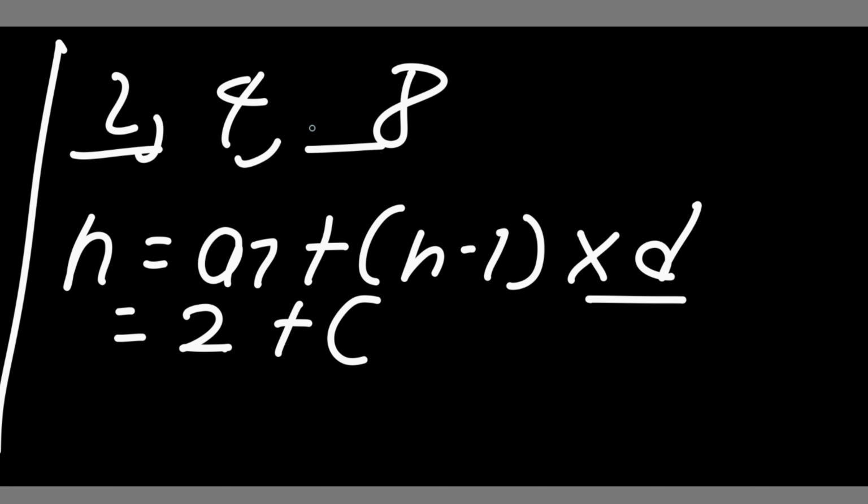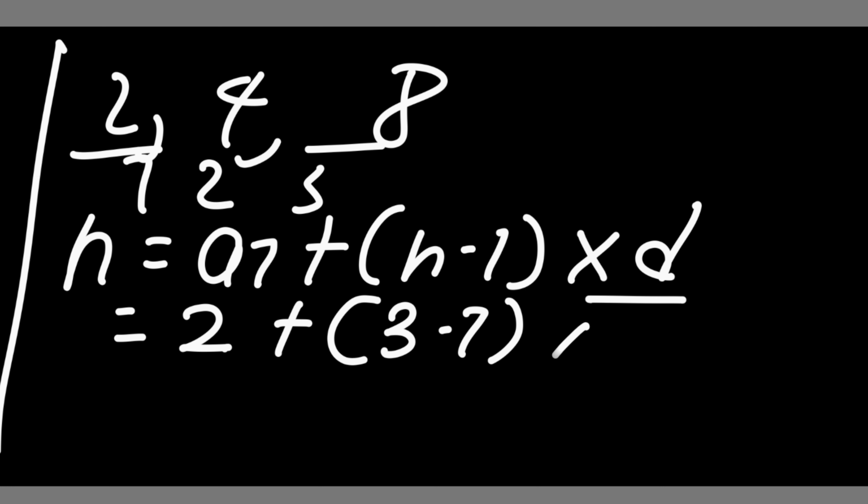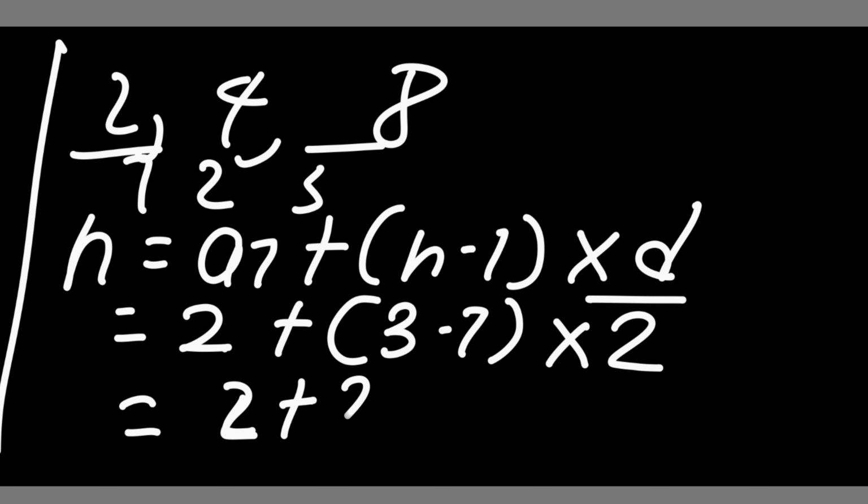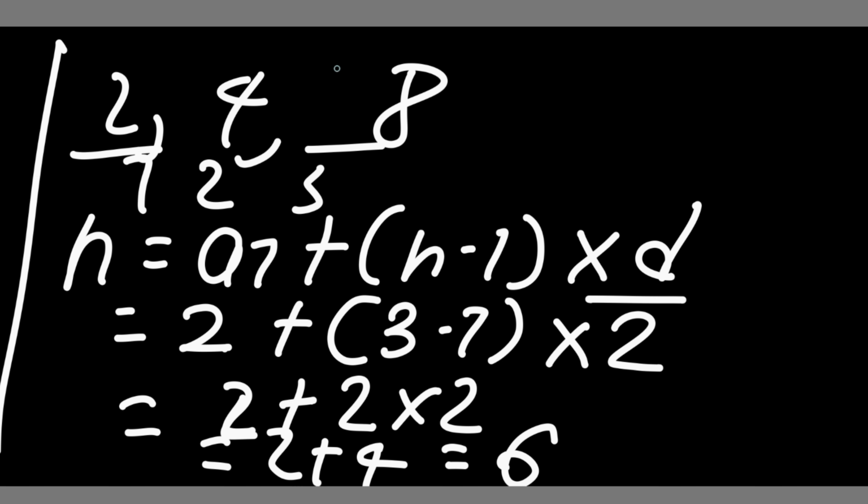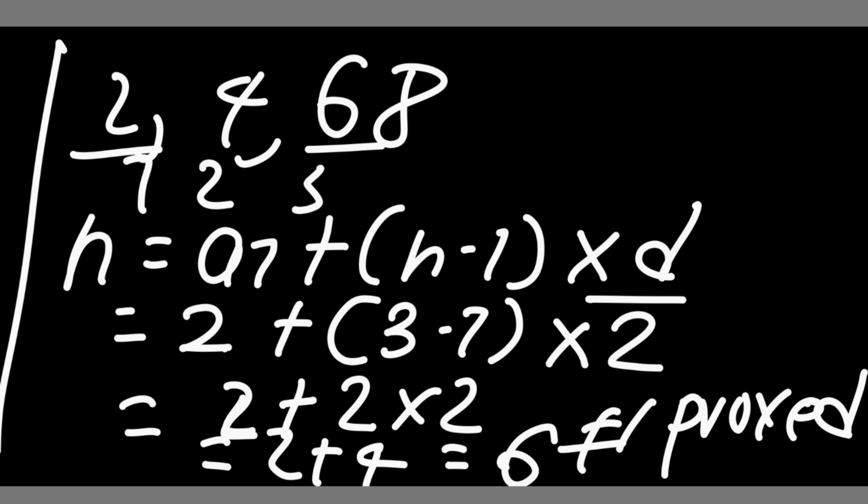The order is 1, 2, 3. It is in third order, minus 1. Multiply by the difference, which is 2, so 2 plus 2 multiplied by 2. By the math rules we multiply first. So 2 plus 4 is 6. Hence proved, this formula works.